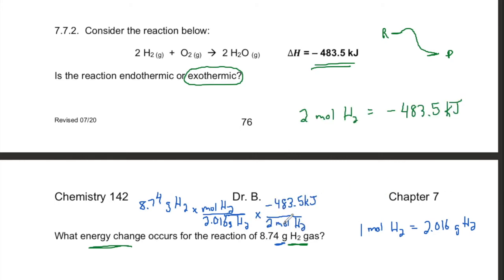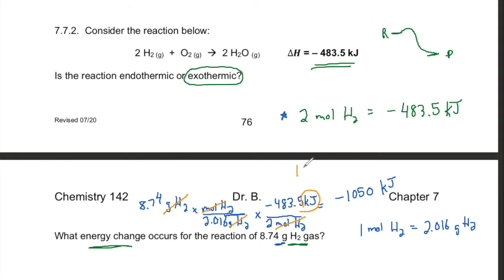And then our next conversion factor we get from this relationship, which I moved out of the way over here, that 2 moles of hydrogen is associated with negative 483.5 kilojoules delta H. And so when we do this calculation, the grams of hydrogen cancel and the moles of hydrogen cancel, and we're left with kilojoules.